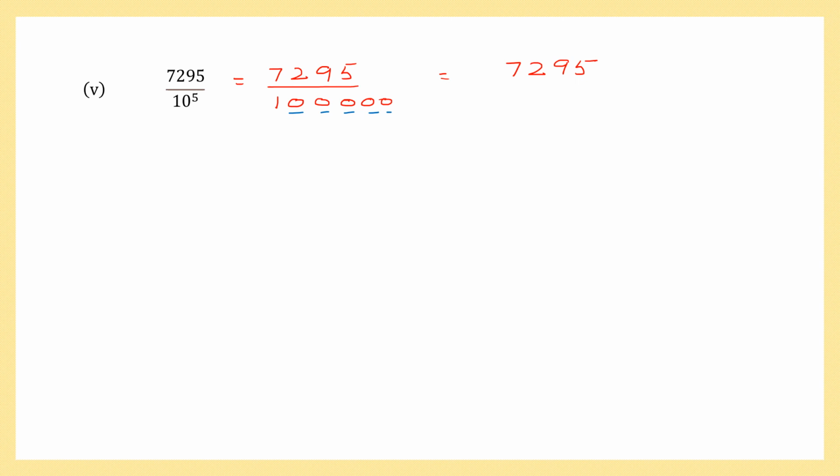That means it will move 5 places to the left. 1, 2, 3, 4 and 5, and then I put the point. So I have a number missing here. I put 0. So what is my final answer? My final answer is 0.07295.